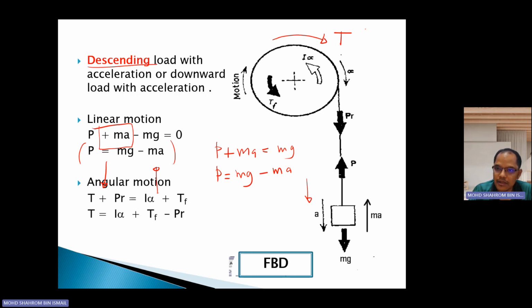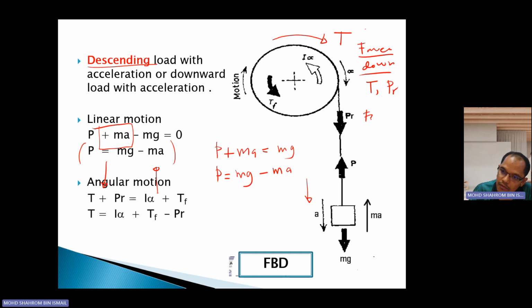So basically, what is the force down? The force down is torque T and PR, the rope tension.